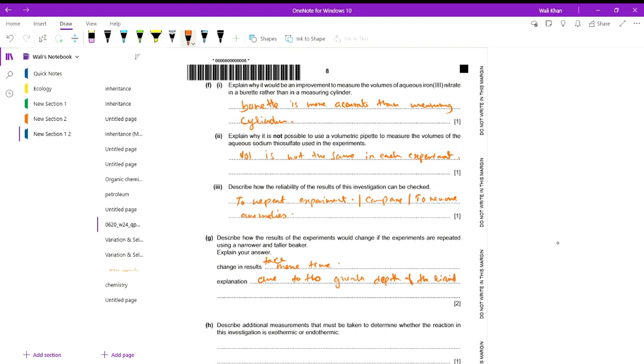So if the depth is greater, then it takes more time. So the result would be changed.